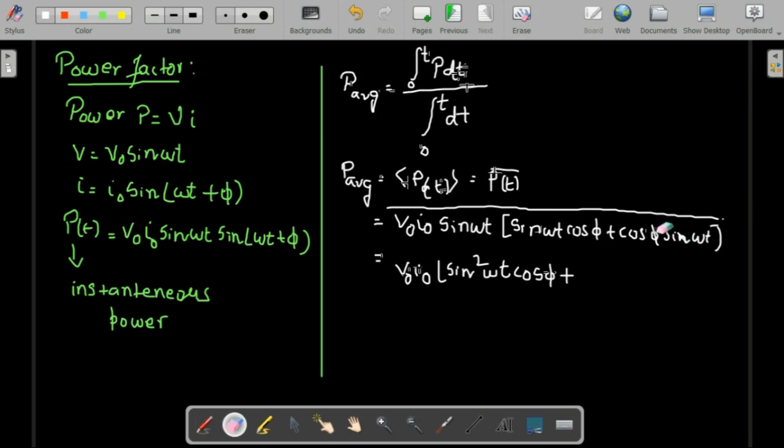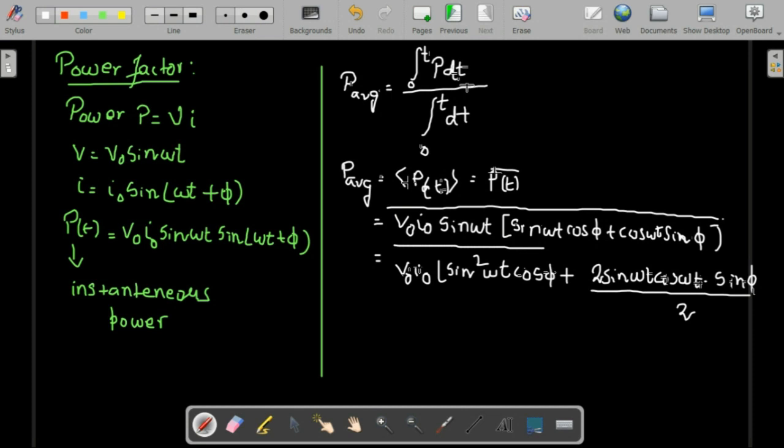This cannot be phi again, right? This is sine omega t cos phi, cos omega t sine phi. So this is multiplied with sine omega t cos omega t. Let me write down a 2 in front: 2 sine omega t cos omega t into sine of phi divided by 2. There was no 2 before, divided by 2. So this average we have to find out now again.